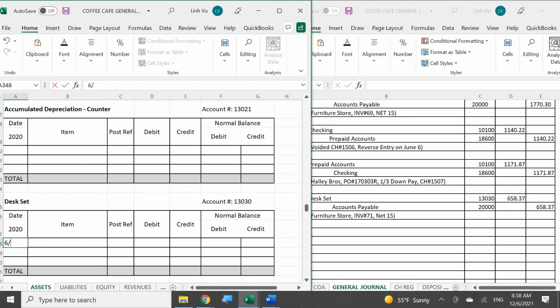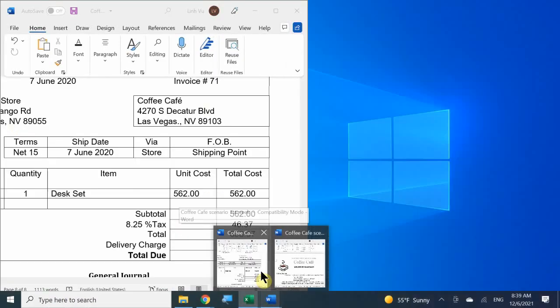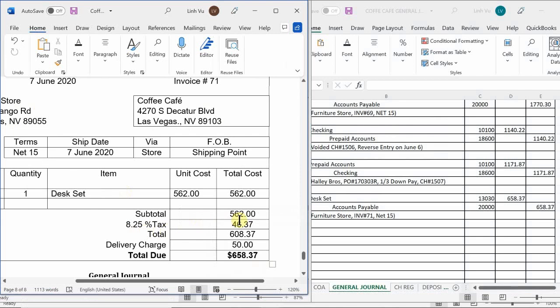It is the 7th, right? It was for $562 plus 8.25%, which was a total tax of $46.37 plus $50 freight.